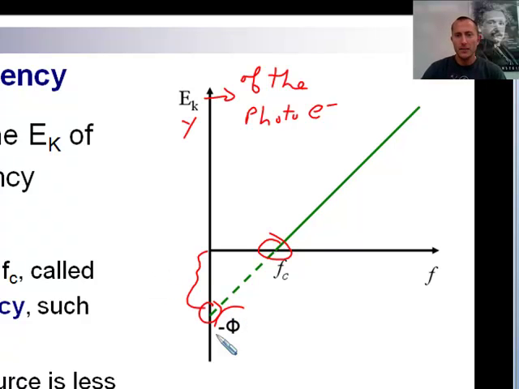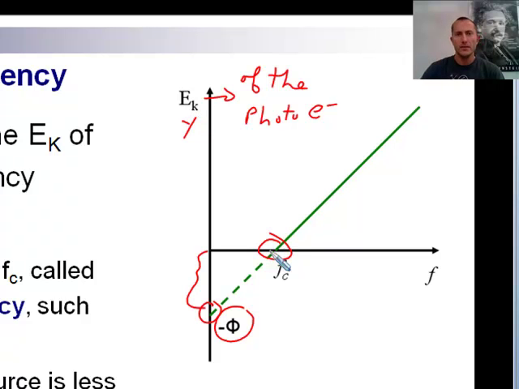And this little symbol here is what we use for that, and it's called the work function. We'll talk about that in a second. But the important idea here is that there is some minimum threshold frequency that must be met in order for electrons to be emitted off of the surface of the metal. After that, there's a very linear relationship between the increase in frequency and the increase in kinetic energy.